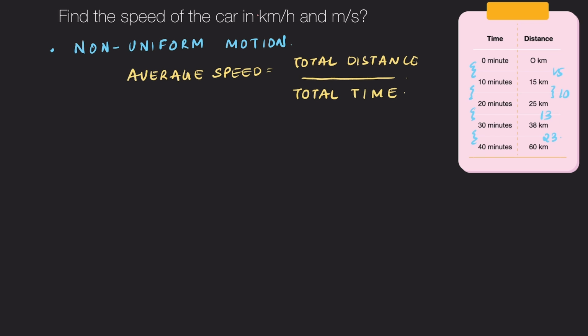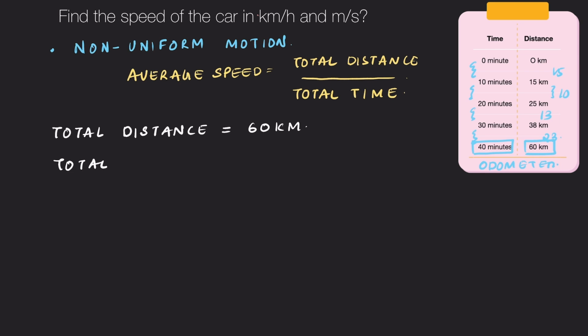Now, the person who was sitting next to the driver took some odometer readings, right? From the table, it is clear that the odometer reading, the total distance traveled, is 60 kilometers and the total time is 40 minutes. Right?